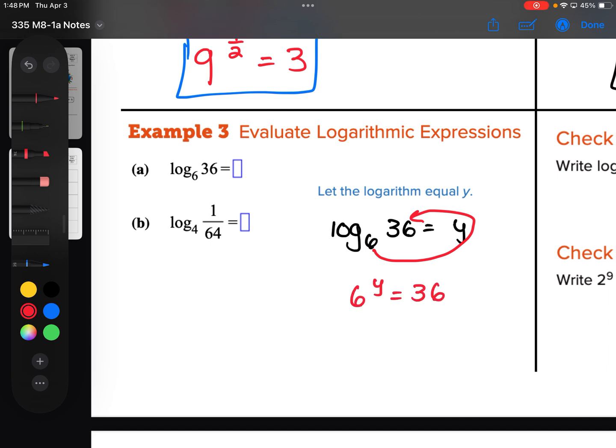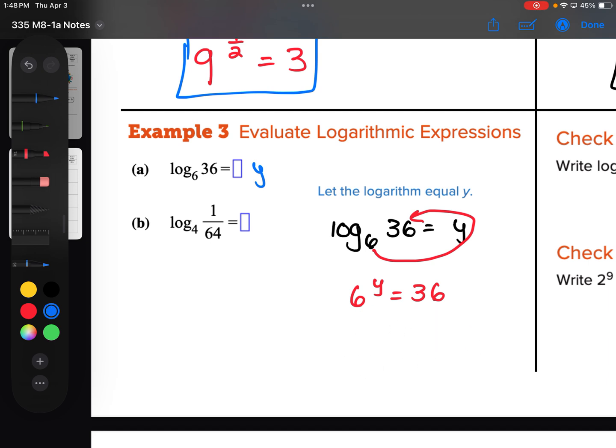There are 2 ways you can do this. One way is, if the exponent of 6 is 2, then it's equal to 36. 6 times itself is 36. So you know that's the answer. The other way would be to get the same base and erase it.